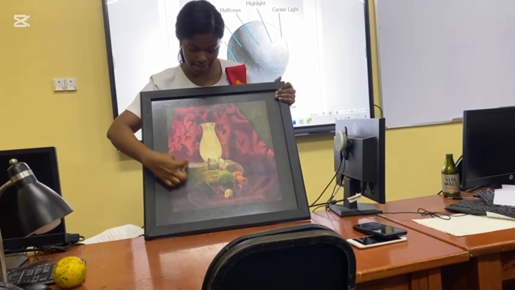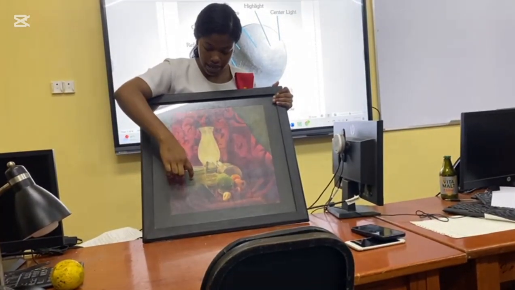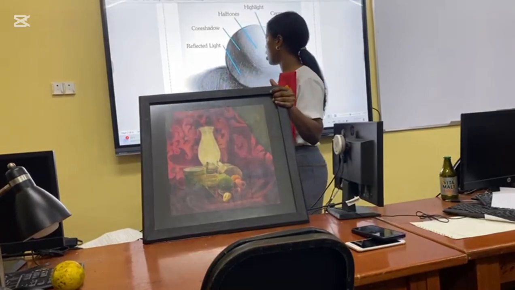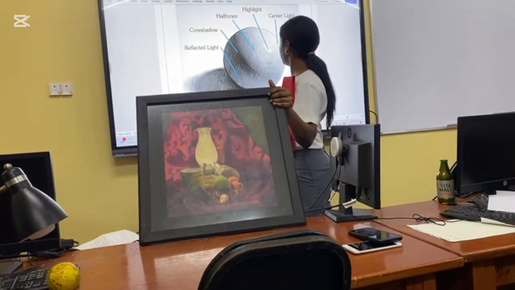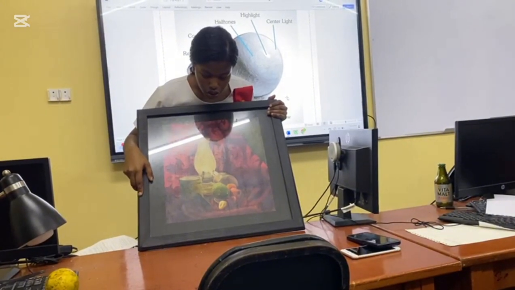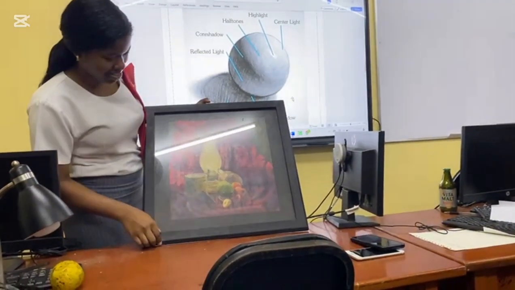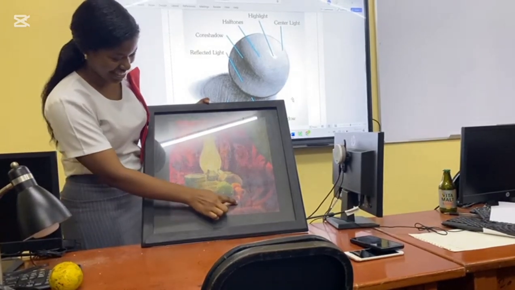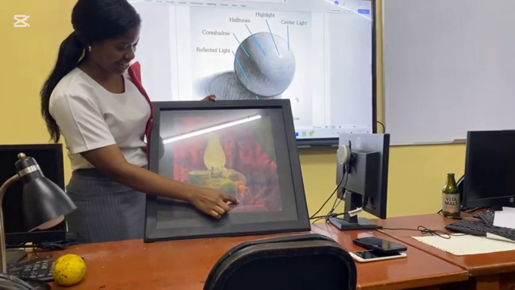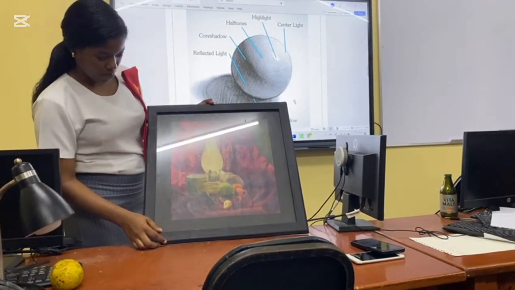So on this piece here, can you see any half tones here? Can you see your half tones? Yes, miss. Yes. All right. Also on our apple, on this object here, you also have some half tones, right?